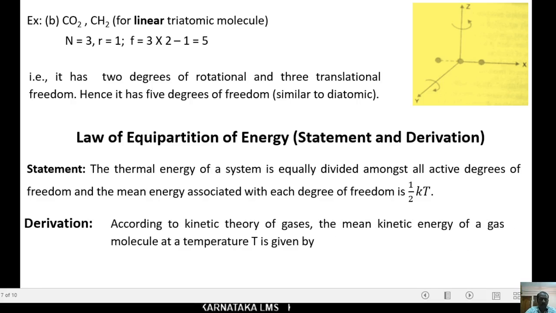Let us see the derivation. For this, you should take the assumptions of the kinetic theory of gases.